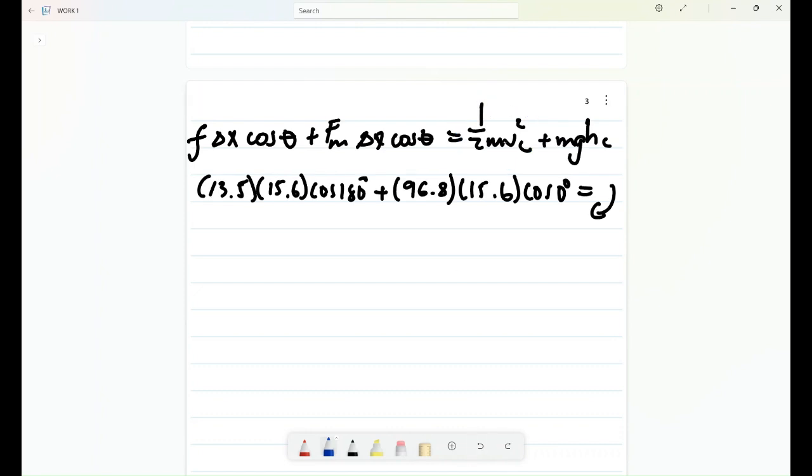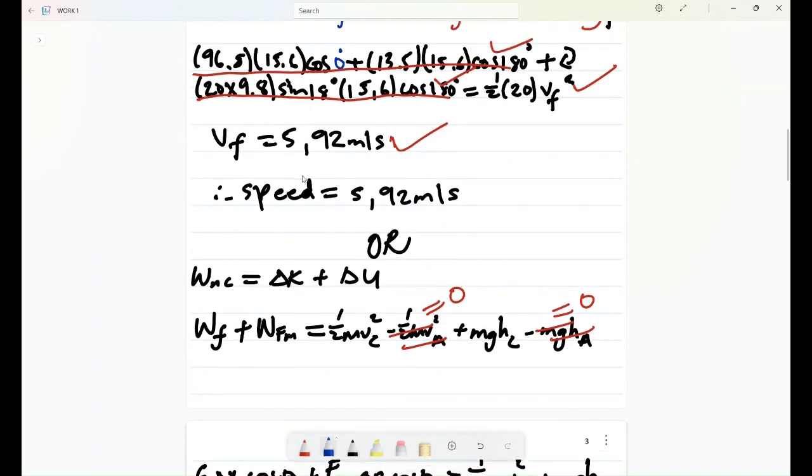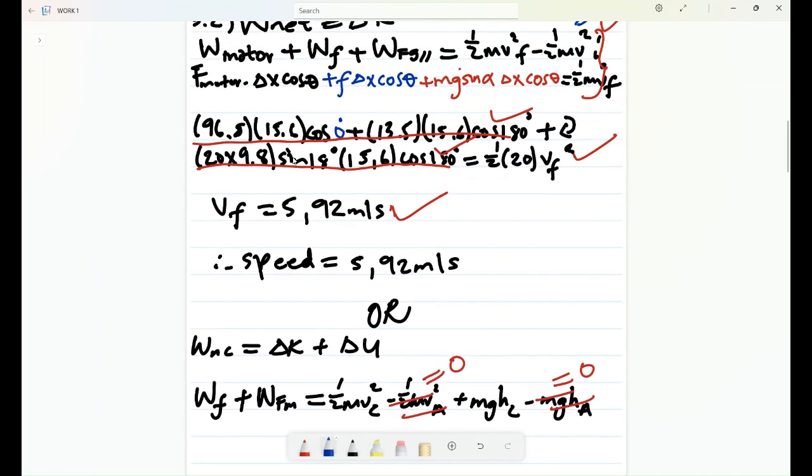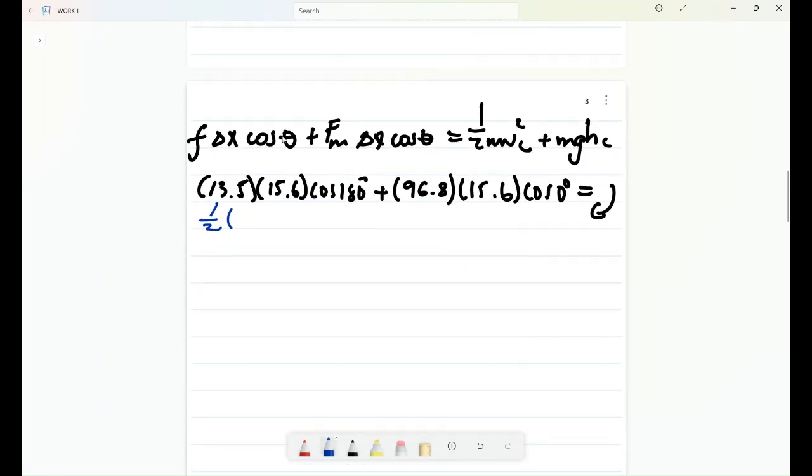My velocity, this one is going to be half. What was my mass? My mass was given to me as 20. Then what is my V at C is what I'm looking for. Plus my mass, it is 20. What is my gravitational acceleration? 9.8.